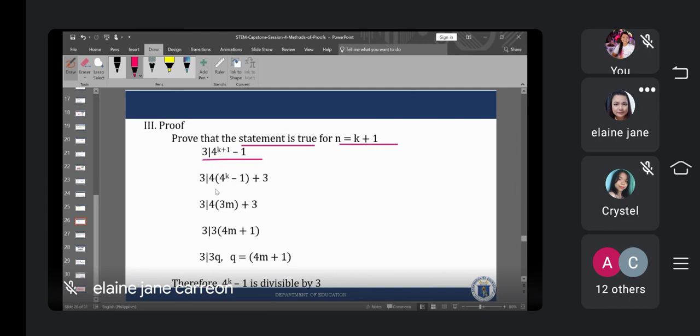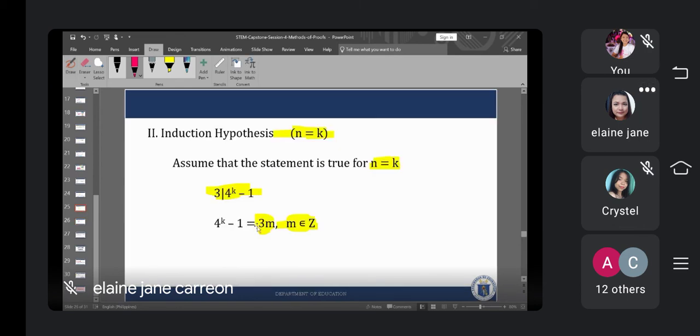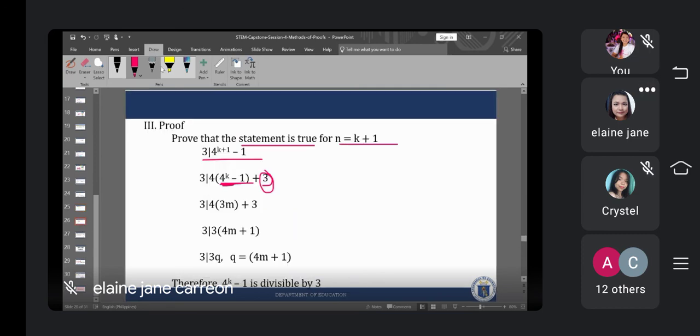We substitute our k plus 1 in our original formula. And then we add 3. Okay? Next, palitan natin dito, kung natatandaan nyo, si 4 raised to k minus 1 equal kay 3m. So, pinalitan natin si 4 raised to k minus 1 by 3m.